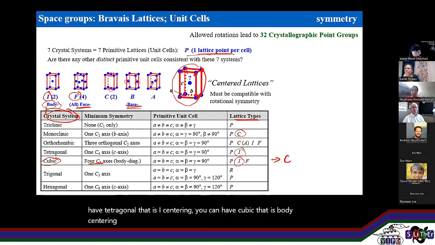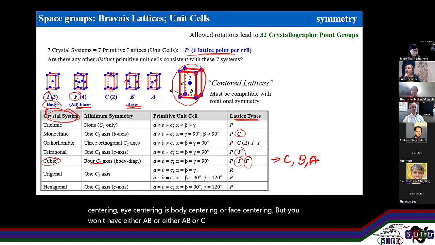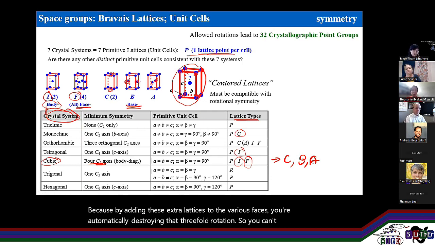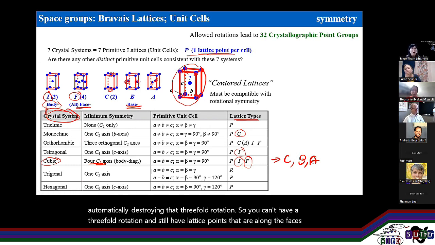I centering is body centering, or face centering, but you won't have either A, B, or C, because by adding these extra lattice points to the various faces, you're automatically destroying that three-fold rotation. You can't have a three-fold rotation and still have lattice points that are along some of the faces, but not all the faces.